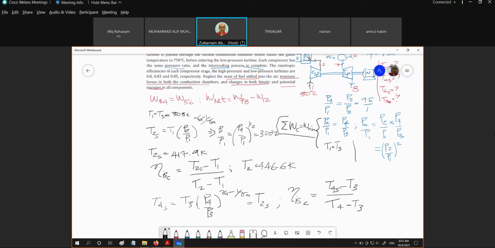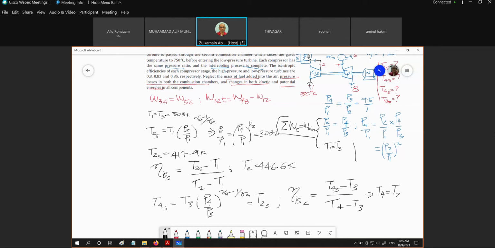T4S is equal to T2S, and T3 is equal to T1. T4 is equal to T2. Therefore, you are getting T4 equal to T2.